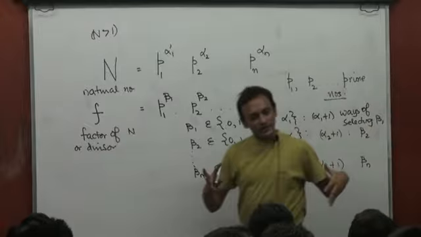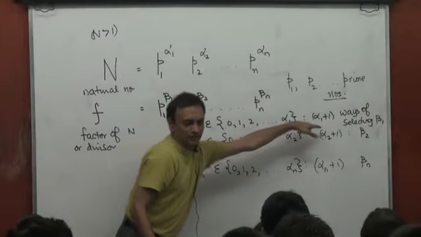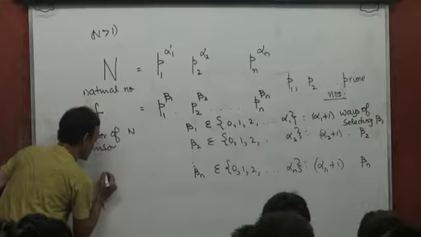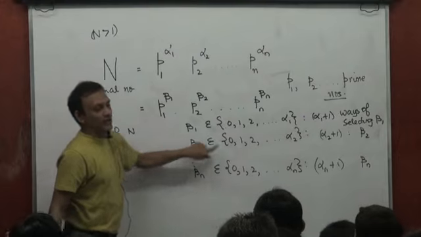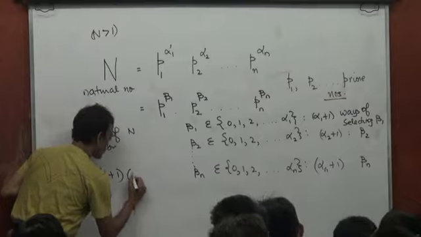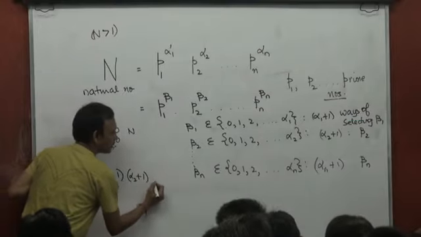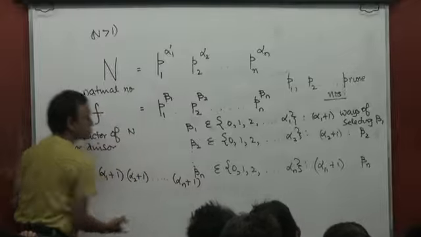The first thing that you do is select beta 1. In how many ways can you select beta 1? Alpha 1 plus 1 ways. In how many ways can you select beta 2? Alpha 2 plus 1 ways. Similarly, in how many ways can you select beta n? Alpha n plus 1 ways.